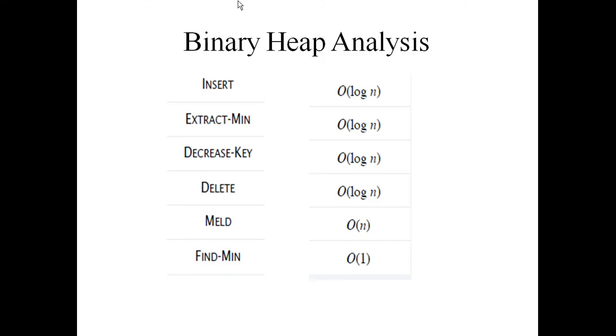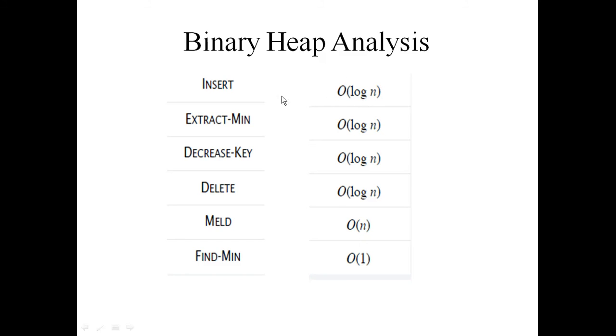If you closely look at this insert operation, when you go on performing the exchanges, these exchanges will be performed only in one half part of the heap. That is why it affects only half part of the heap, because of which we can say that the complexity is big O of log n.